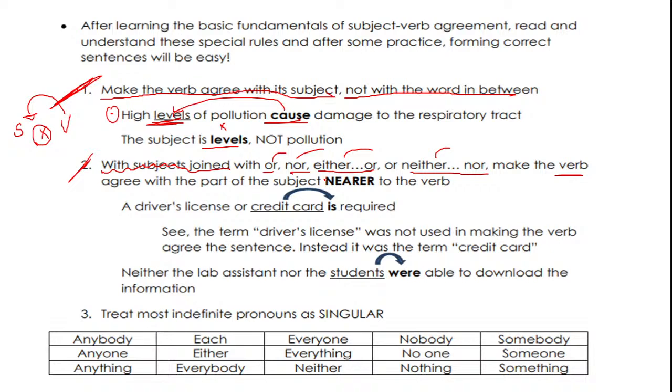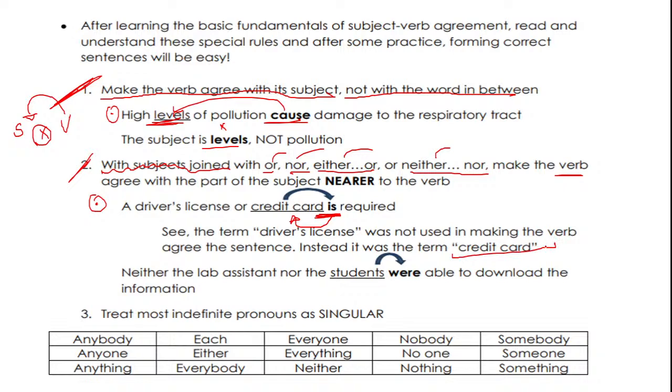So the verb will agree with that part of the subject which is nearest to it. In this statement we have seen the example, a driver's license or a credit card is required. So here the verb has agreed with the credit card, not with the driver's license. The term driver's license was not used in making the verb agree with the statement, but instead it was the term credit card. We have discussed this.